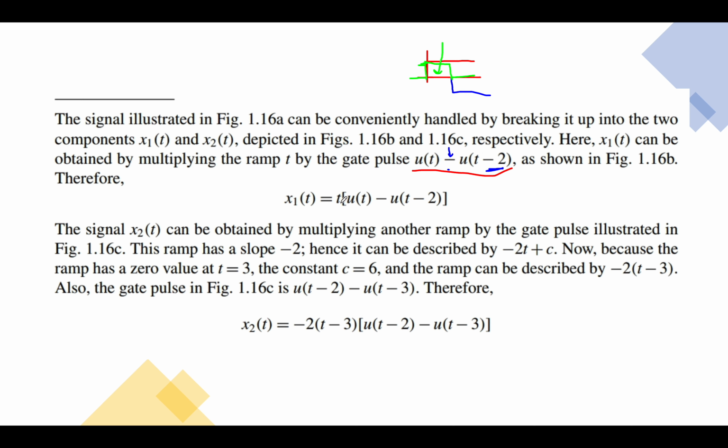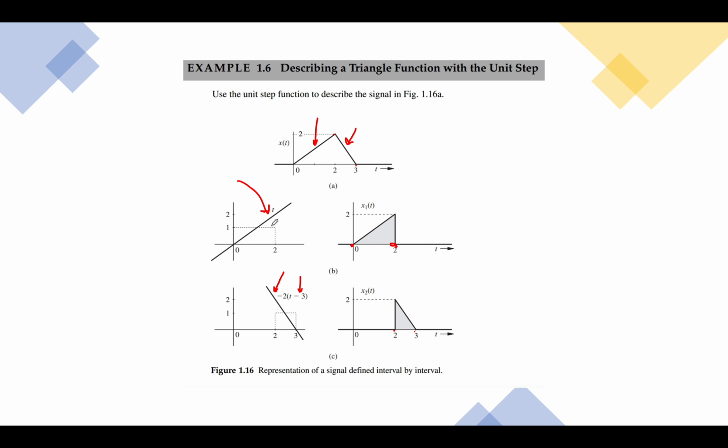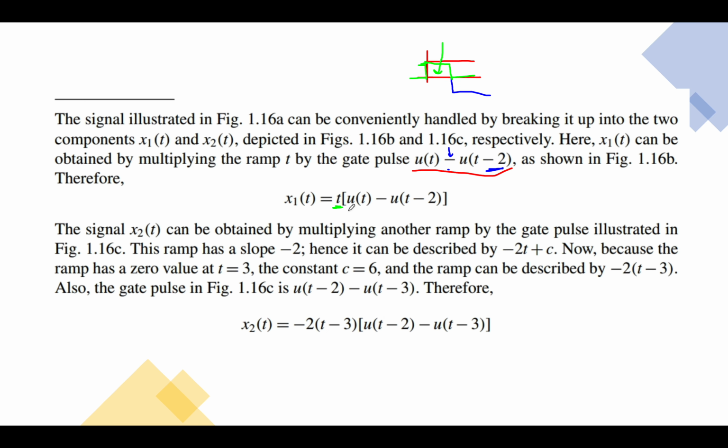So I take that first expression, t, or the line on the previous page, so that would be this one. So I take t and I window it by turning it on at 0 and turning it off at 2, hence giving me that little brief ramp that's shown.